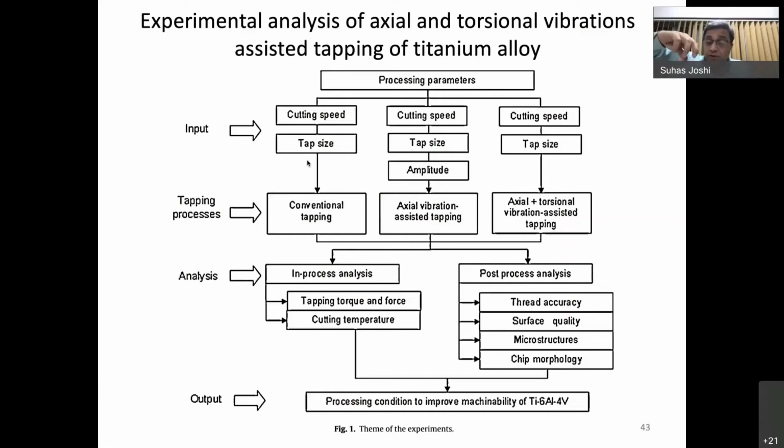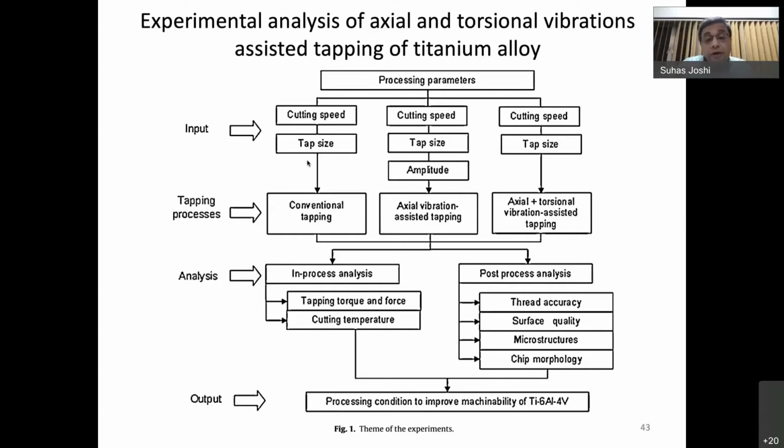One is called the axial vibrations, where while going in we have some kind of axial vibration, and the other one is the torsional vibrations. Torsional vibrations in the sense that you rotate forward, rotate backward, rotate forward, rotate backward.